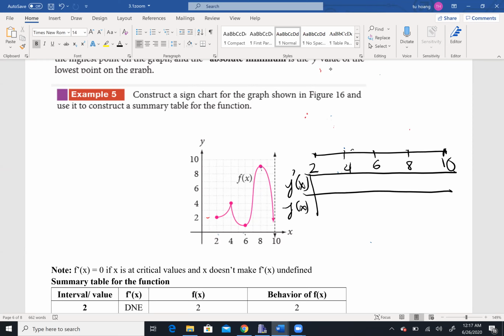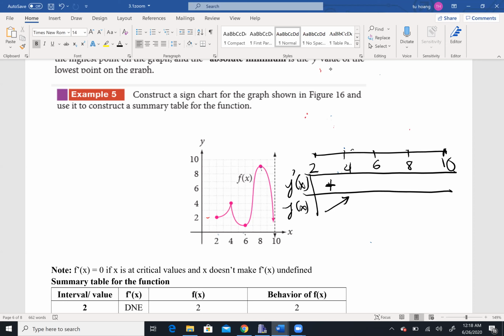Since you see that f of x from 2 to 4 is increasing, f of x has to be positive.